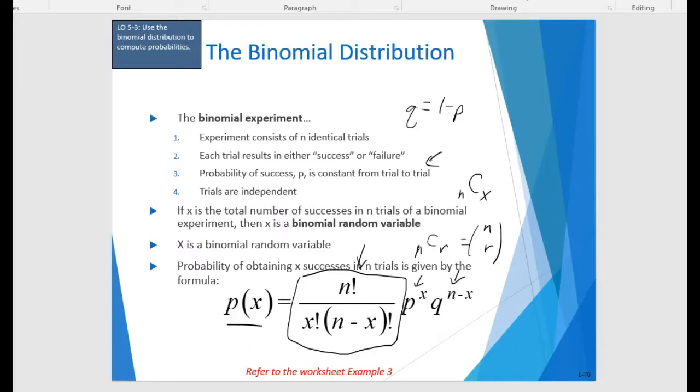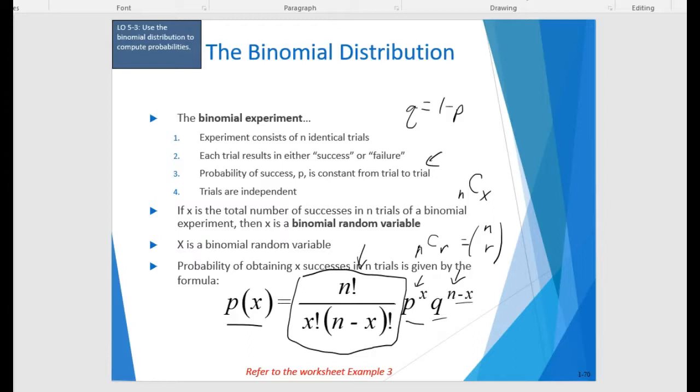So if there's 10 total trials, n, then you'd have n minus 2. So 10 minus 2 is 8, and that would give you your exponent up here. So it would be the number of successes times the number of failures, and multiply those all together independently, right?